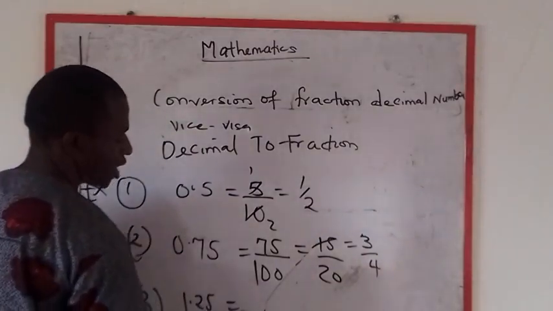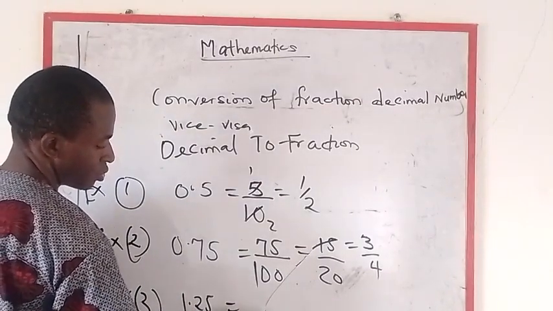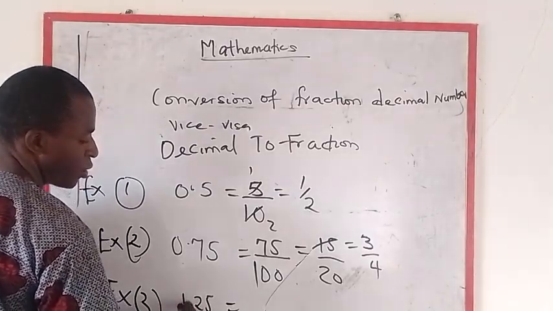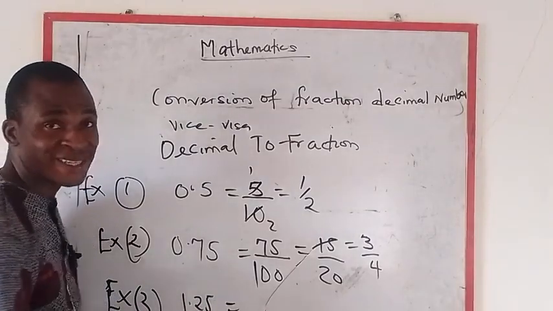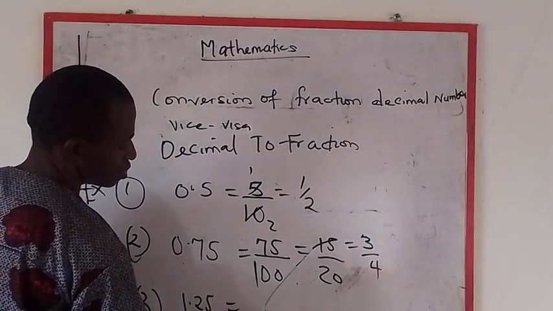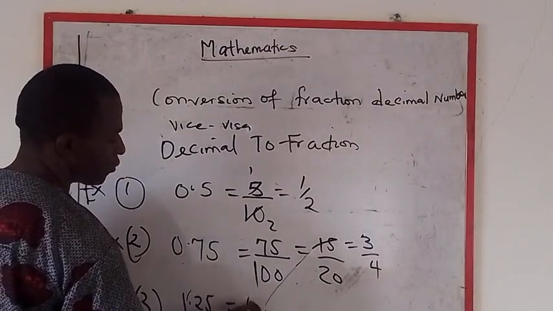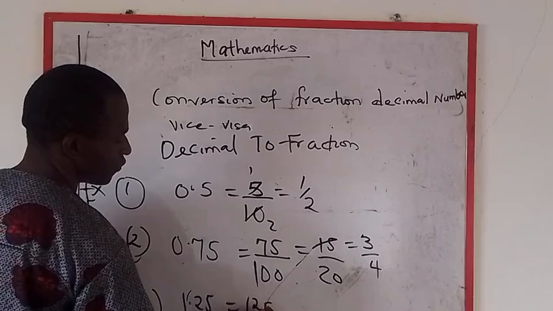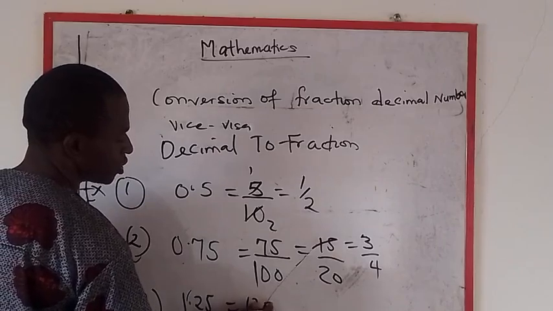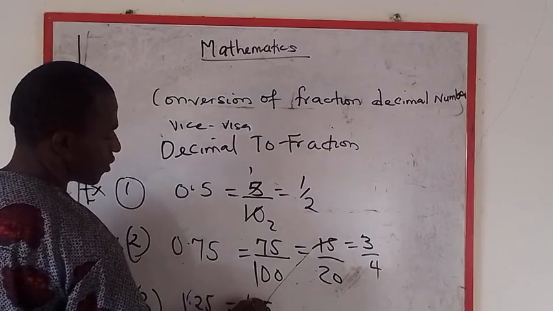The point is 1. We are going to count 2 digits before we get to the last digit, so we are dealing with 2 zeros. When we count, we move it. We now have 125.